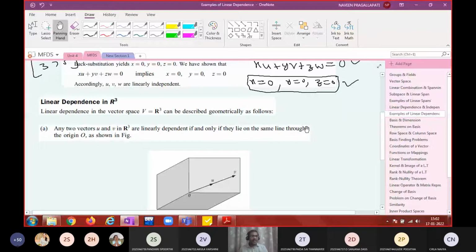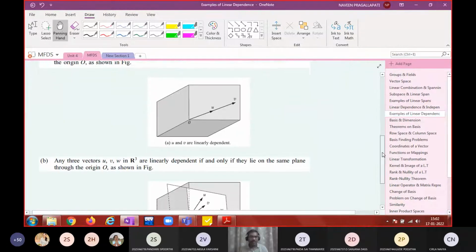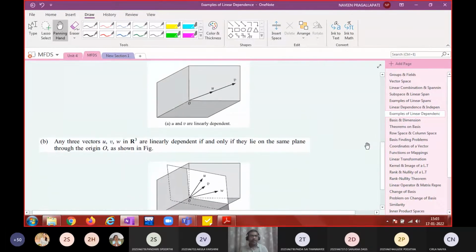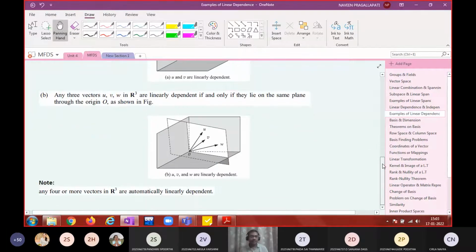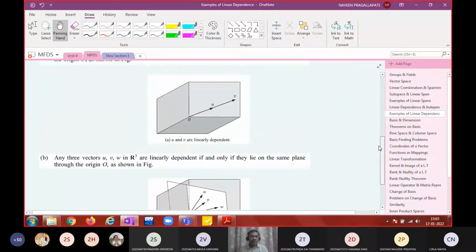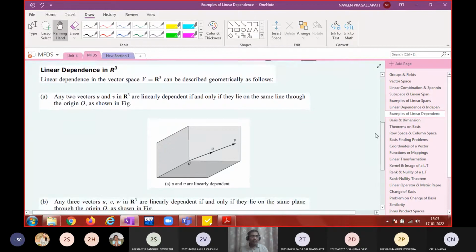So next one is about linear dependence. Again, a similar geometrical interpretation. This is one subspace, this is another subspace. Two vectors are linearly dependent if they lie on the same line.